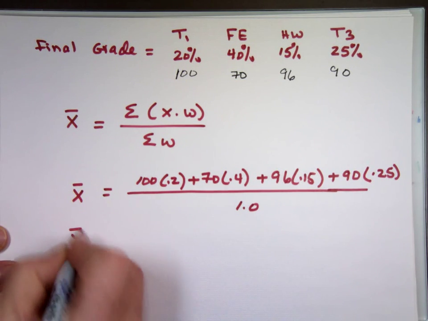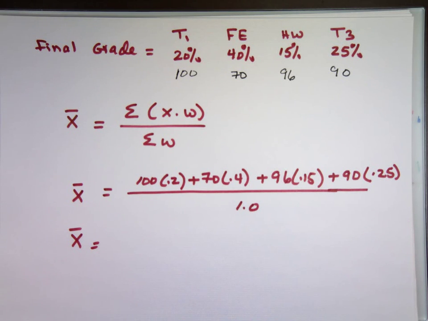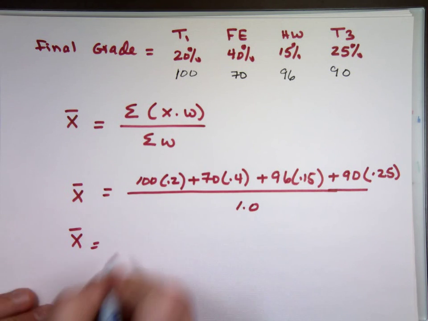Let's see what your average is here. Your average is 84.9, which is a B for the course.